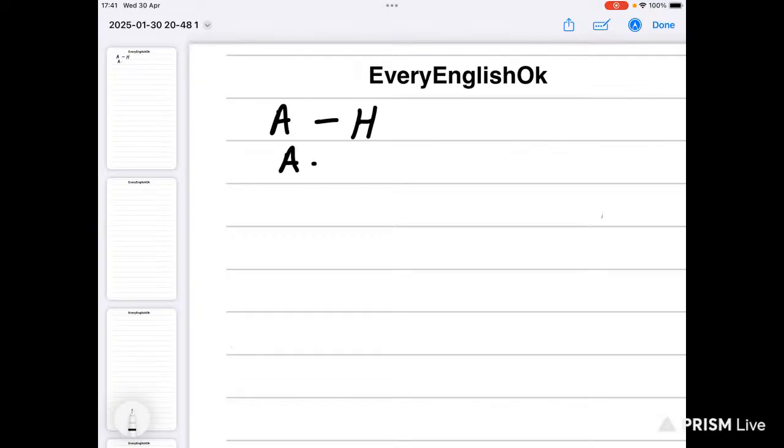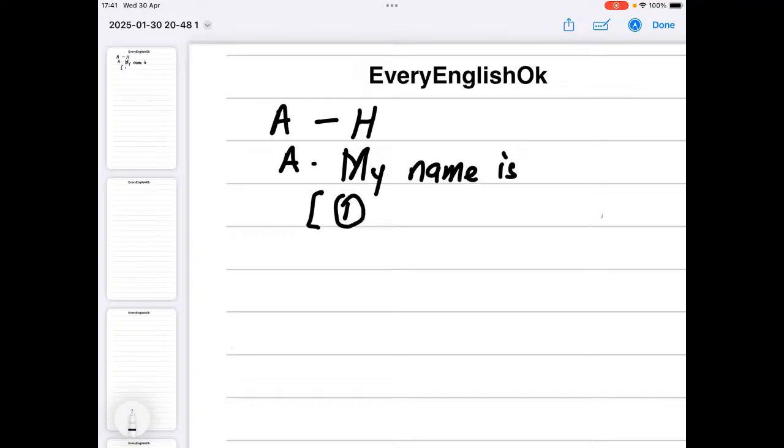So I read A, my name is. Now, for the options, I use numbers so they won't mix up the options with the question letters. Do you understand? So they won't mix up the letters and the numbers.